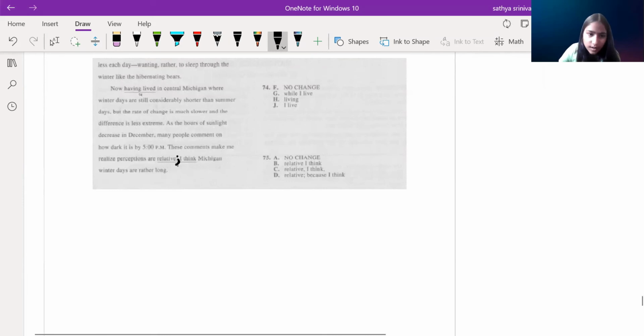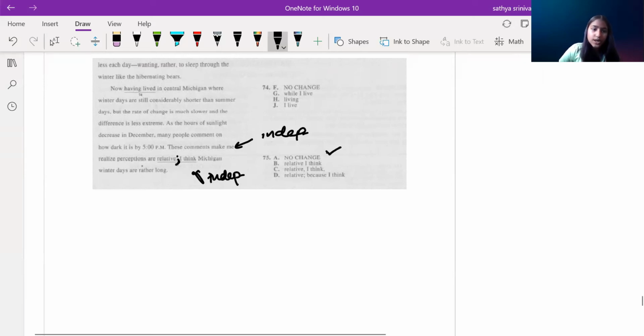So let's see whether it makes sense. These comments make me realize perceptions are relative, period. I think Michigan winter days are rather long. So it seems right. Here we have an independent clause, and here we also have an independent clause which can be by itself and can have a period here. So A does seem right. Let's check the other ones.